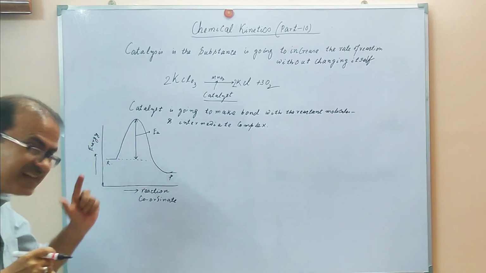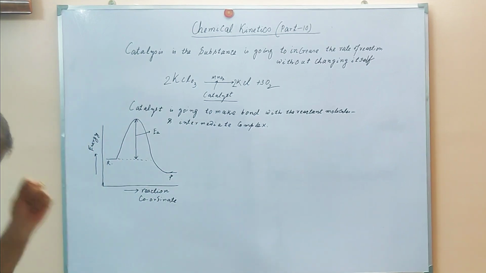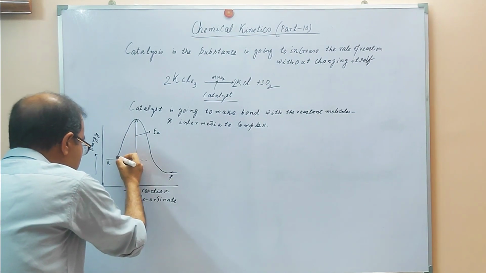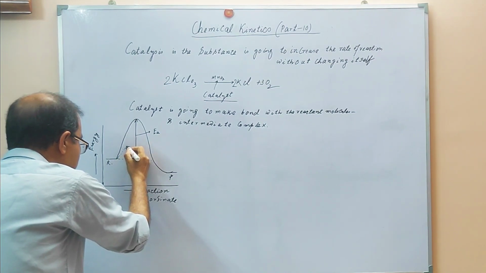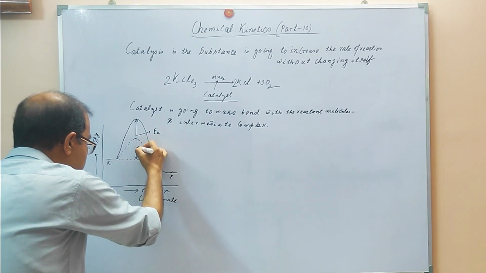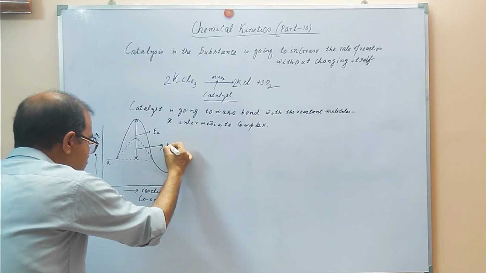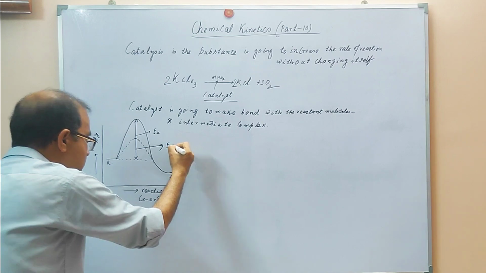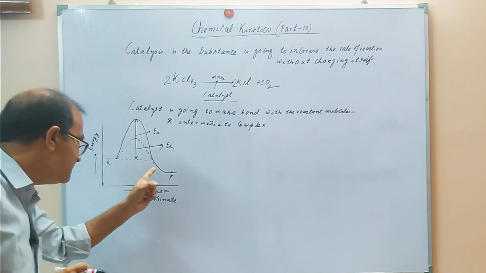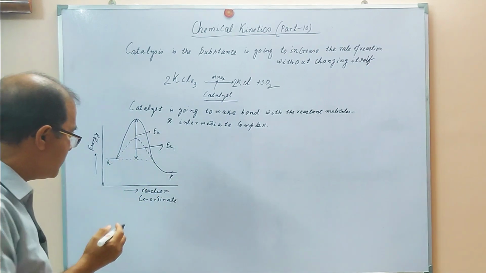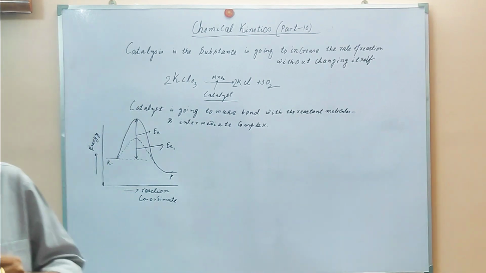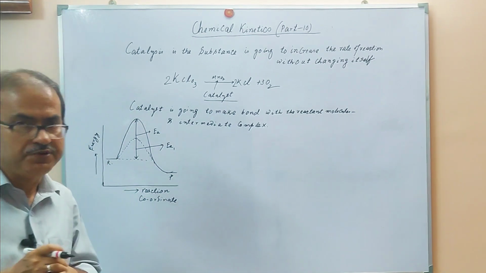Now, this is without catalyst. Now, when catalyst is added, the reaction path is believed to change and it will be like this. So you can say in this case, suppose the activation energy is EA when we are using the catalyst. You can easily see the activation energy has decreased, and that is how they are able to increase the rate of reactions.